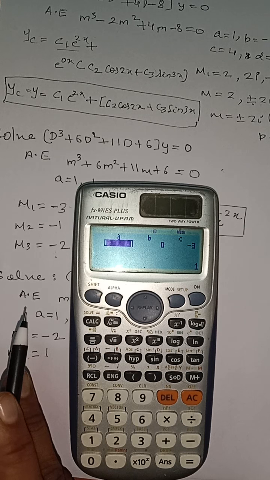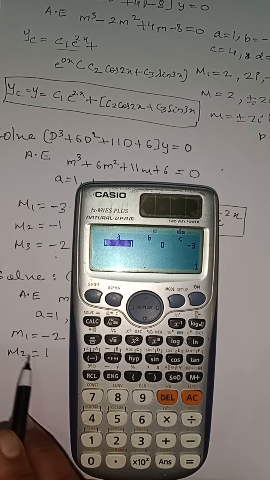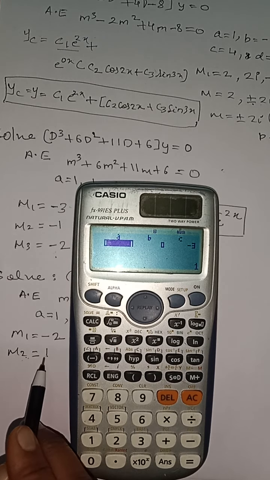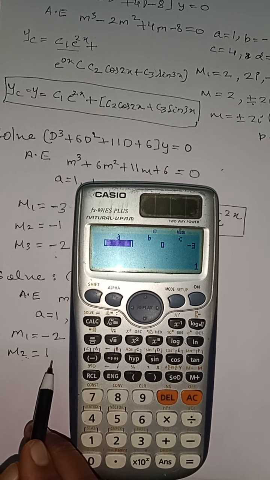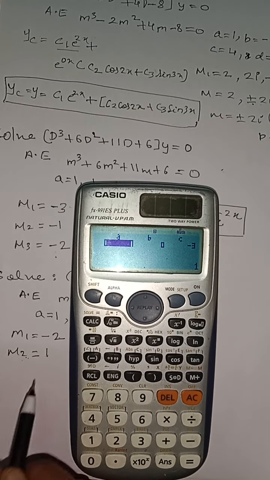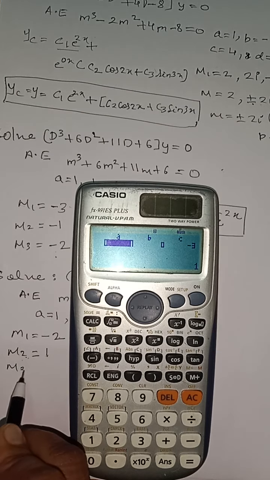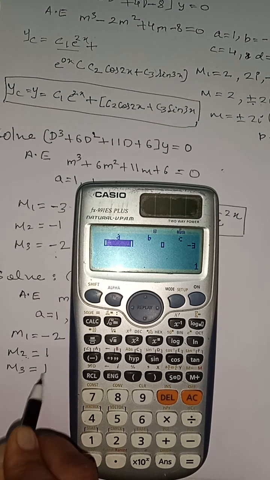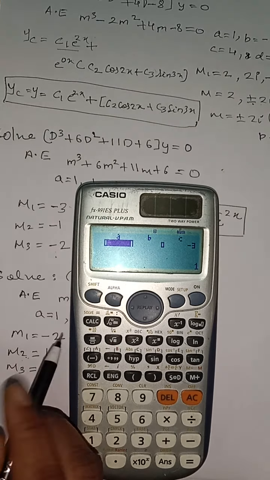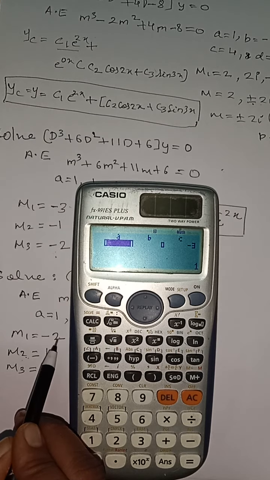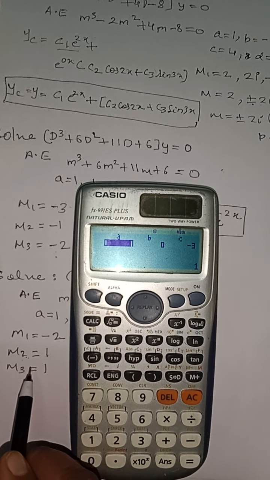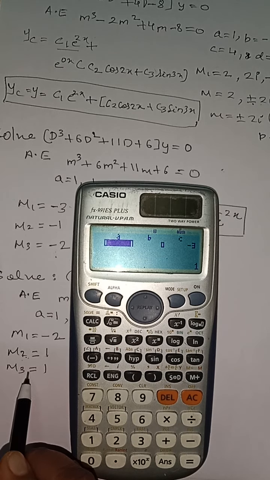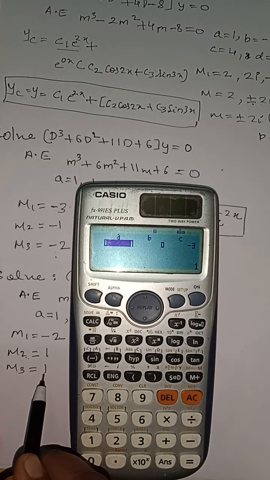But we should get 3 roots since it is a cubic equation. So the meaning of this is that the second root 1 is repeated. Okay, please keep it in mind. So we write m3 is also equal to 1. Since it is repeated, it will show you only once. So here we write m3 is equal to 1.